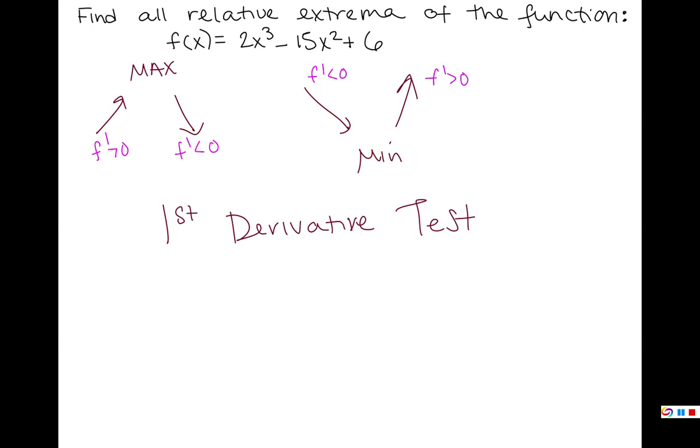If the critical number is a place where the function transitions from decreasing to increasing, it has to be a min. This thought process of making a table and using the increasing and decreasing information to pick out your local maxes and mins is sometimes called the first derivative test. And so that's what we'll be doing, using the first derivative test to find maxes and mins.